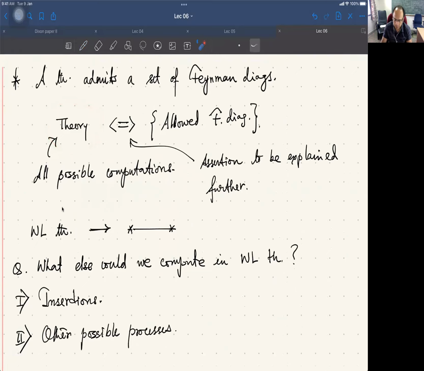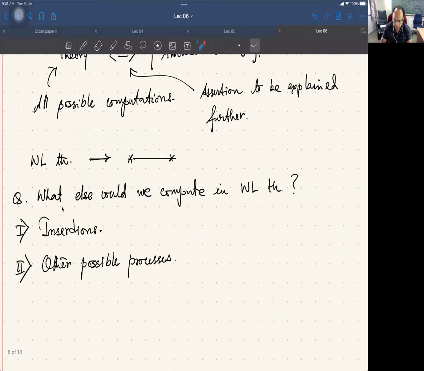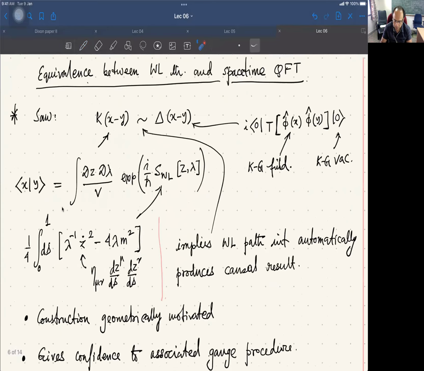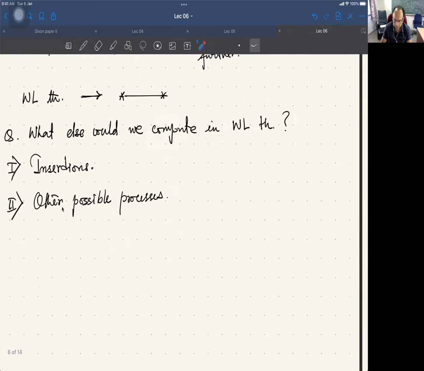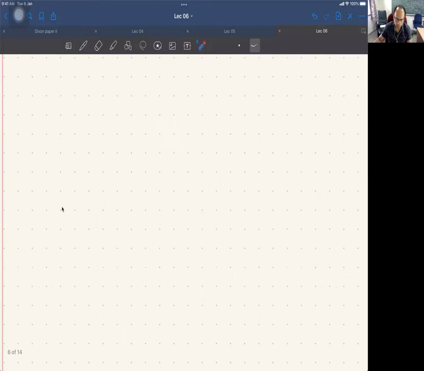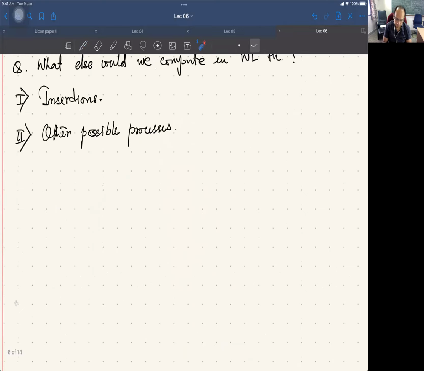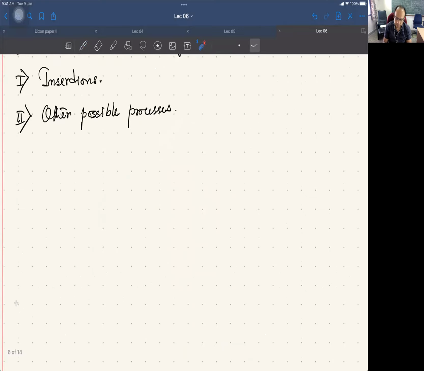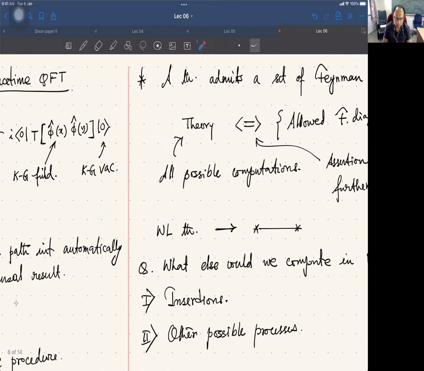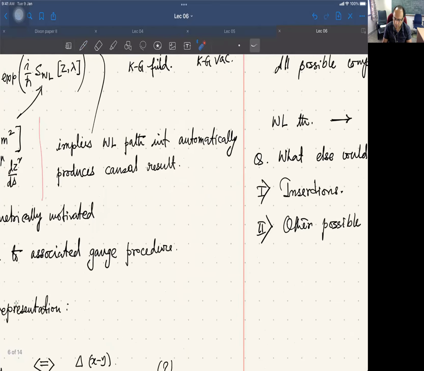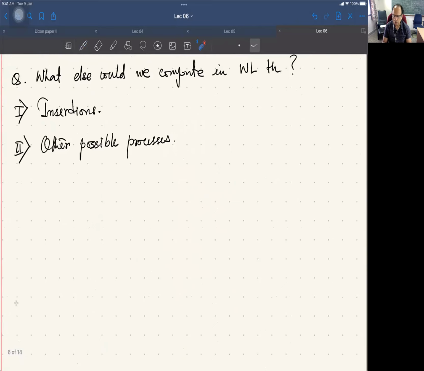You could view it that way as well. So what other possible processes could you describe using this path integral and that particular action? Okay, so let me discuss that one by one. Okay, let me end this slide here.